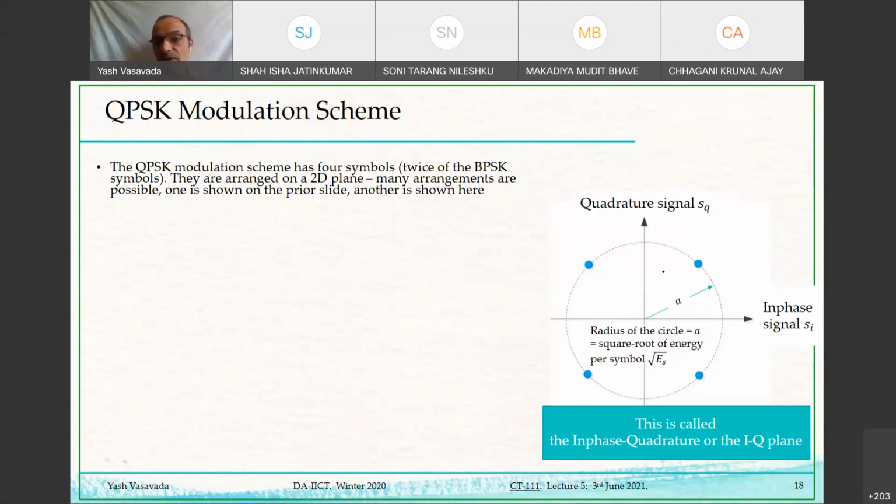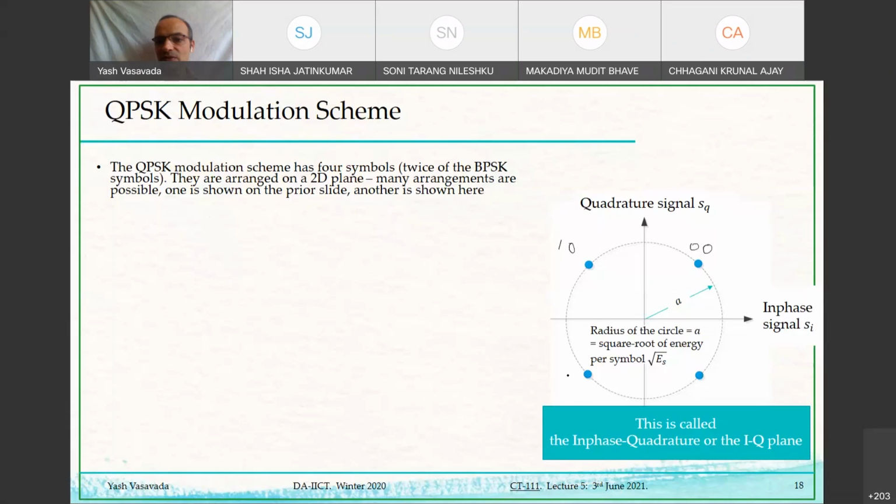So maybe one possible arrangement is that if I get 2 bits as 00 coming out of the channel encoder, then I transmit this particular constellation point. If I get 1, 0, then I transmit this constellation point.